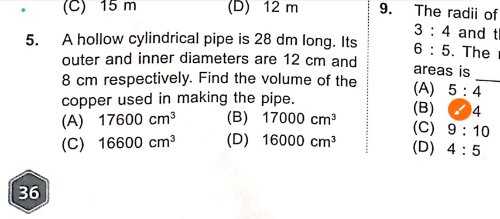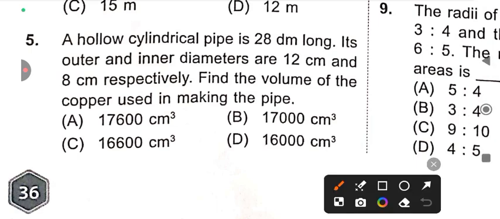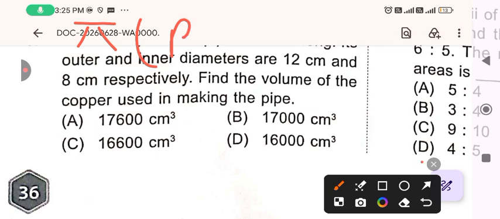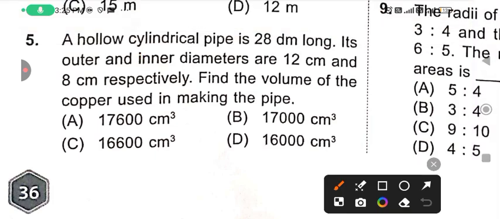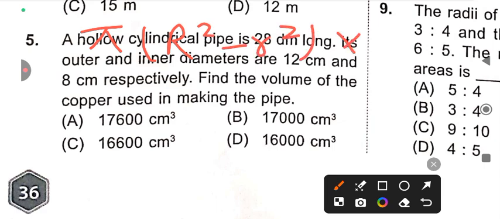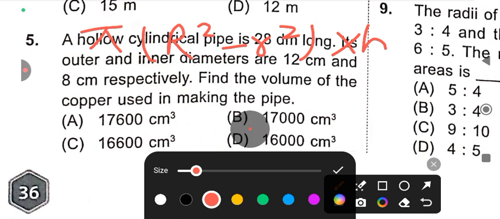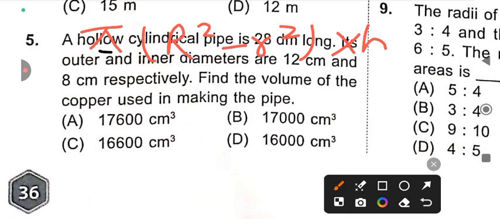Now applying the formula, volume of copper used is simply pi into capital R square minus small r square into h. Here pi is 22 by 7.